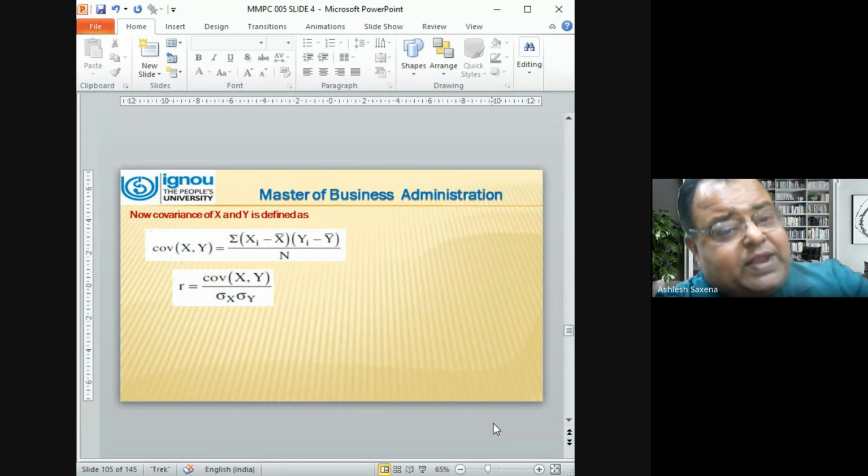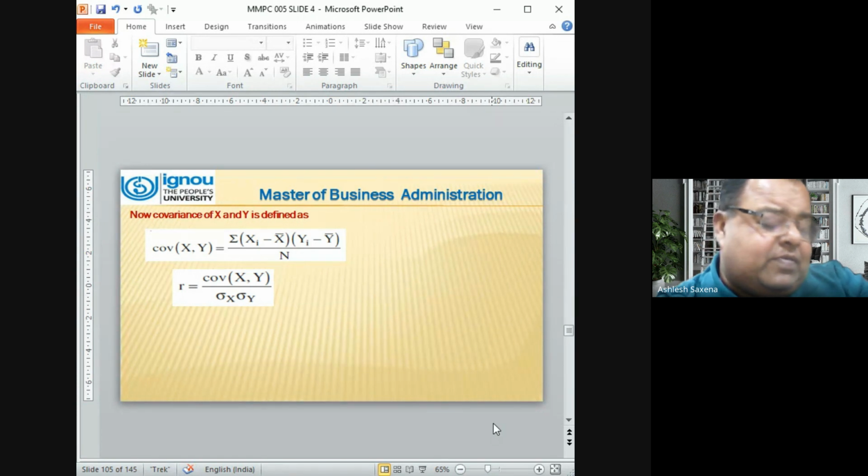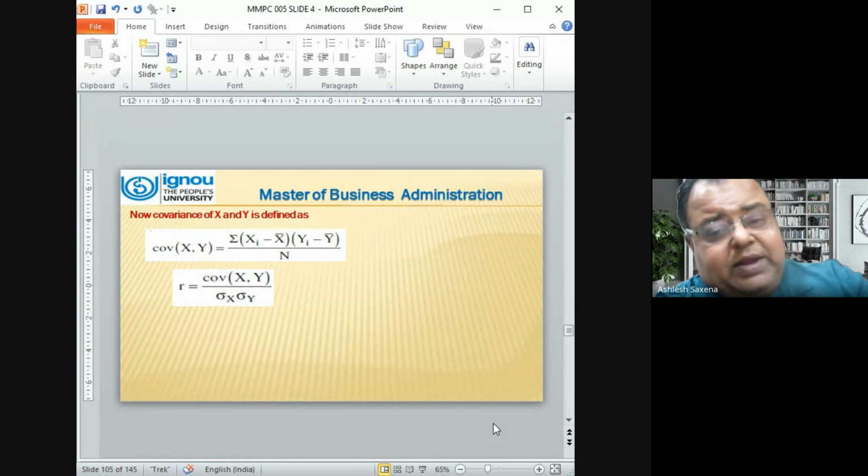If covariance is given to you, that means covariance of x and y is summation xi minus x bar into yi minus y bar divided by n. And your correlation coefficient will be r is equal to covariance of xy divided by standard deviation of x into standard deviation of y.